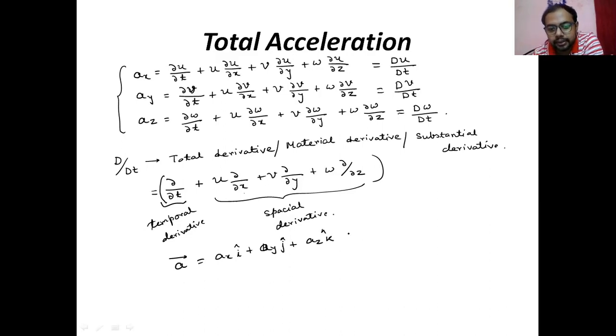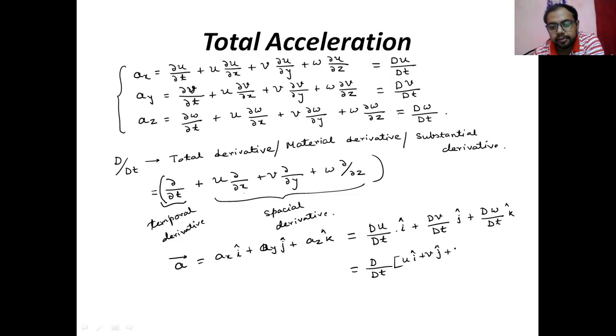So that is nothing but Du/dt into i plus Dv/dt into j plus Dw/dt into k. So D by Dt of (ui plus vj plus wk) is the total derivative of the velocity.